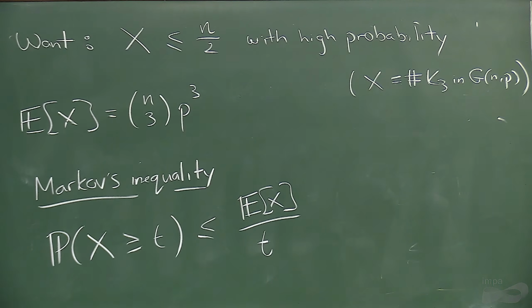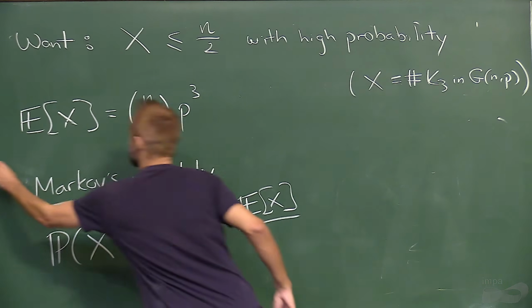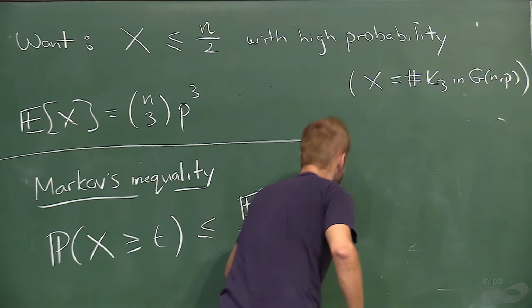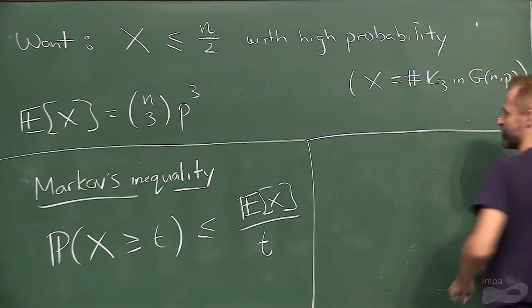It's not allowed to be negative ever. All our random variables count things, so they're always non-negative. And what is the proof of this? The proof of this is very simple. Let's prove it here.